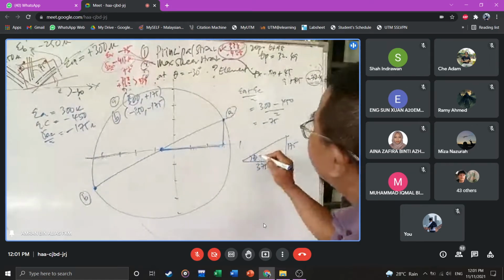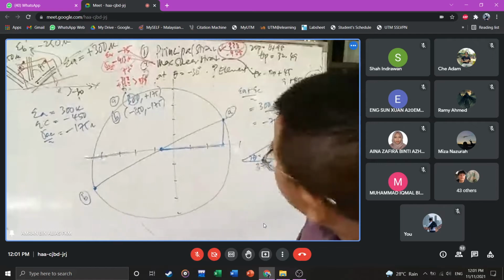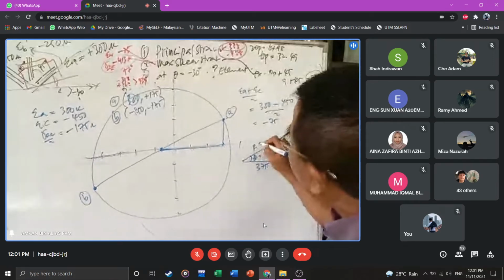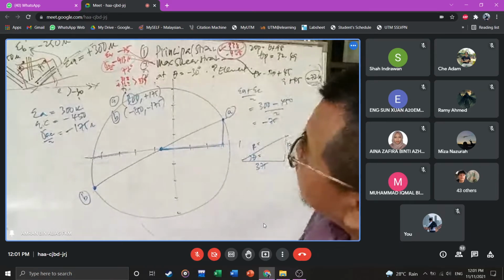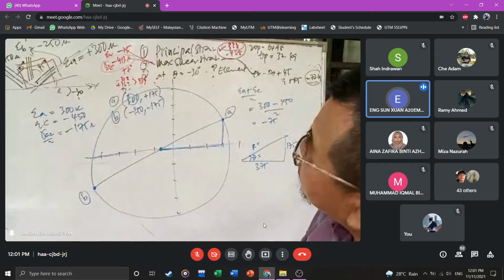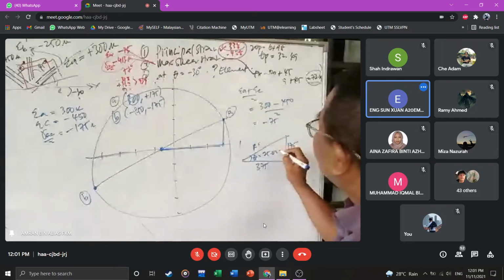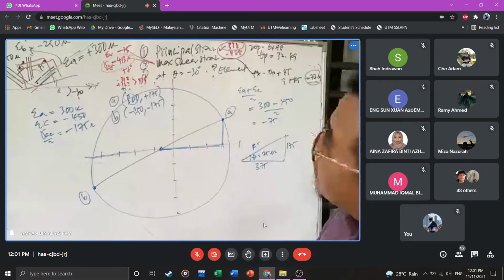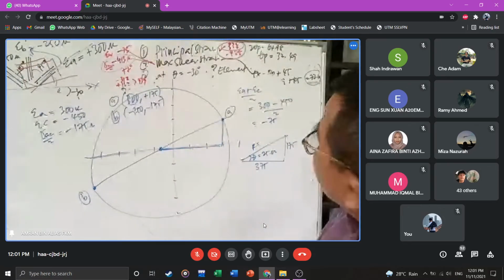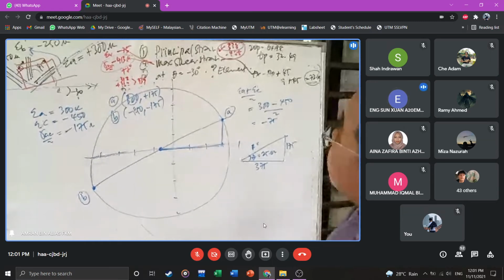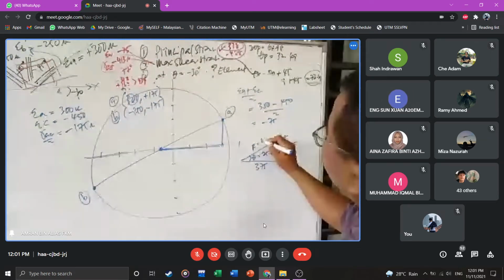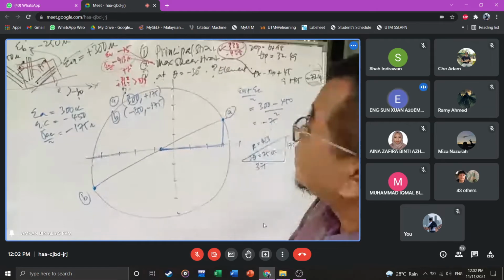What is the angle there? 25.02, 25. Okay. So what is the radius? Radius is 413. Same, right? Yes. Same.